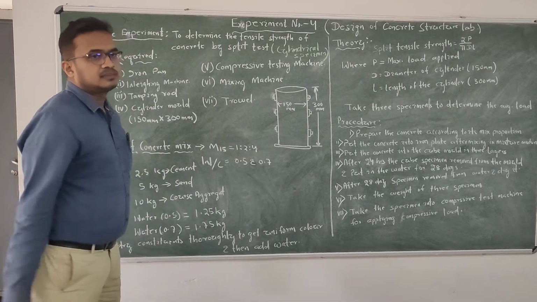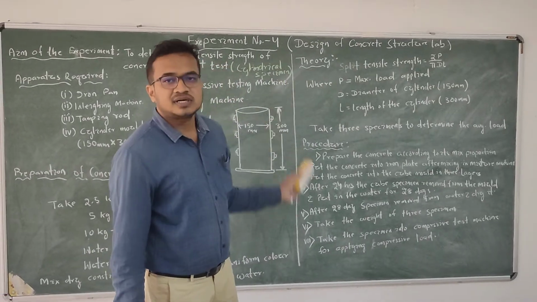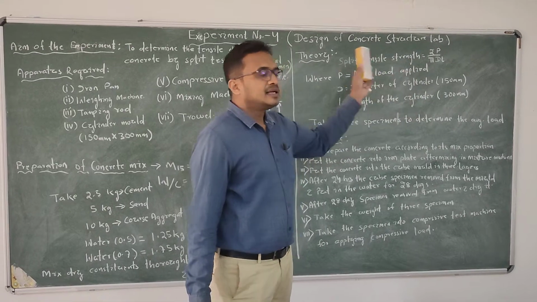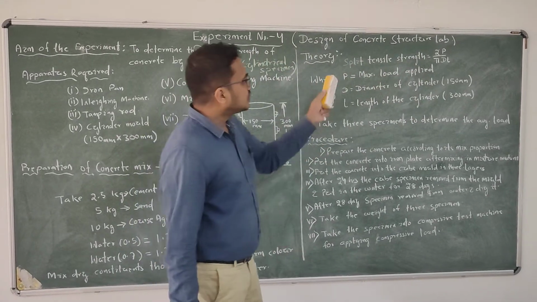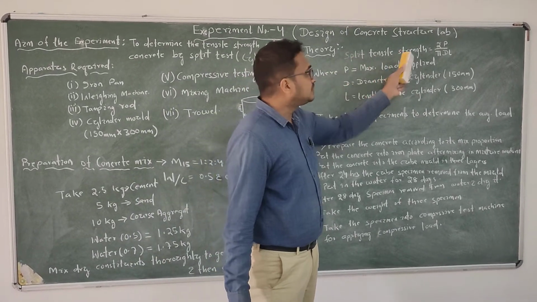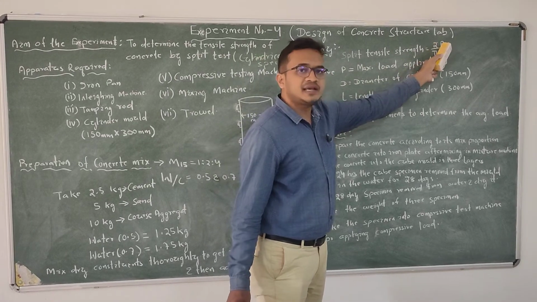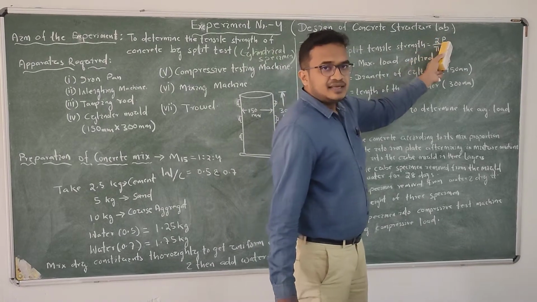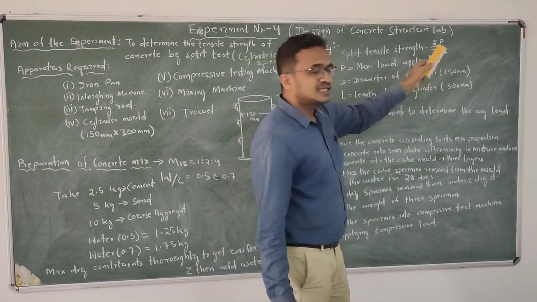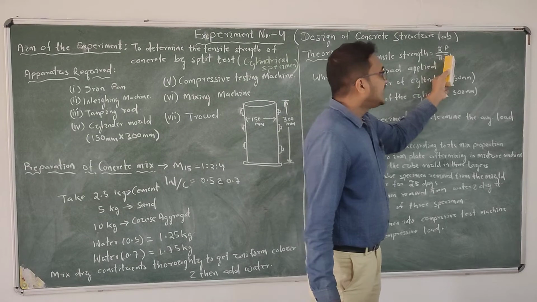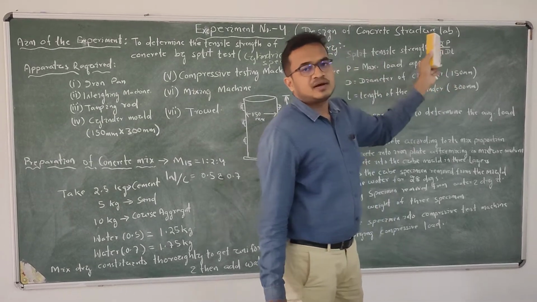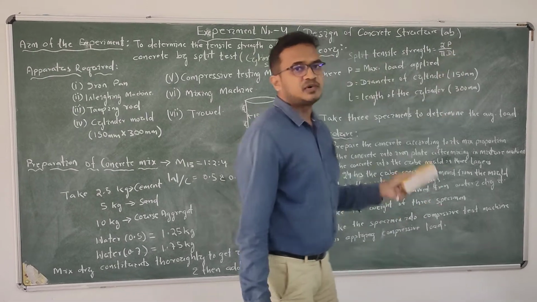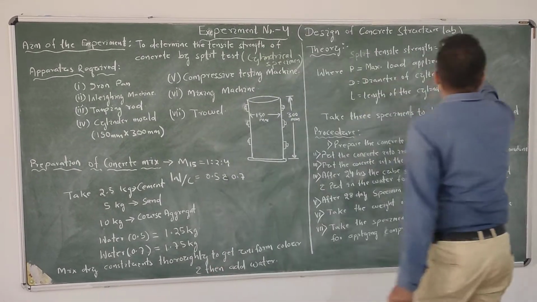So we have to find out the split tensile strength of concrete in a cylindrical specimen. So what is split tensile strength of concrete? That is 2P by pi D L, where P is the maximum load applied, D is the diameter of the cylindrical mold, and L is the length of the mold.